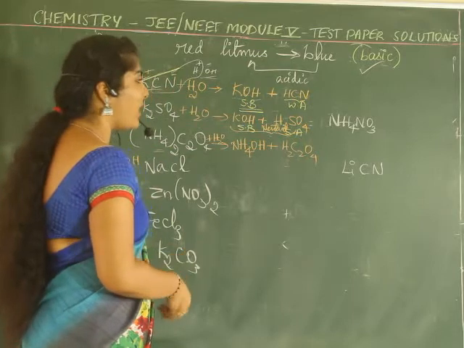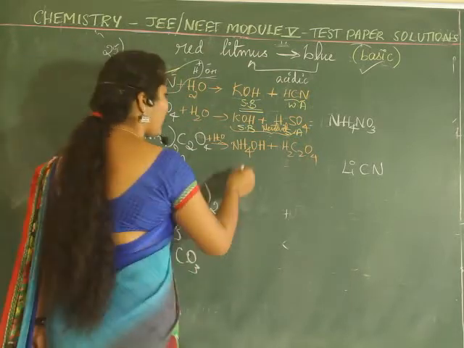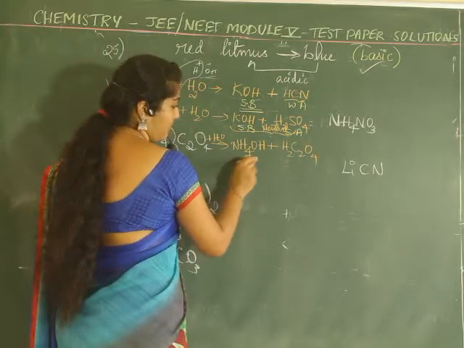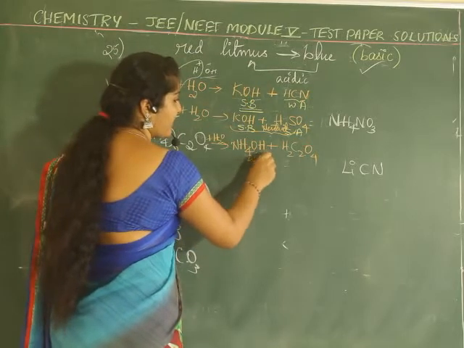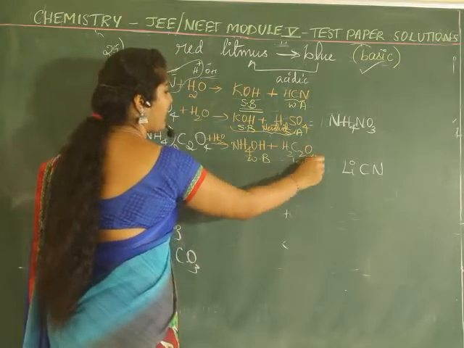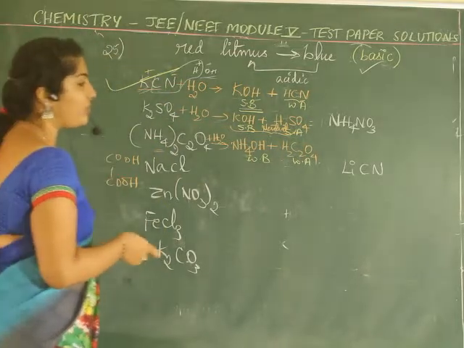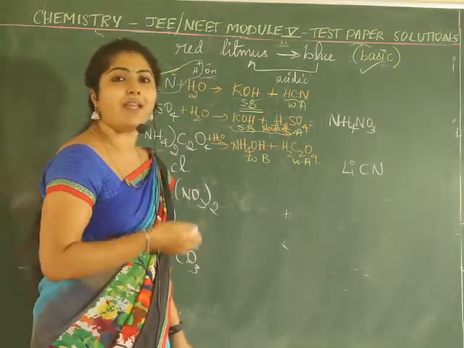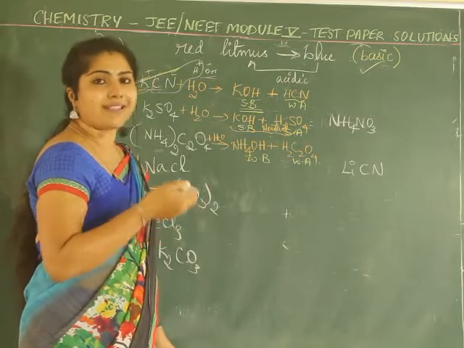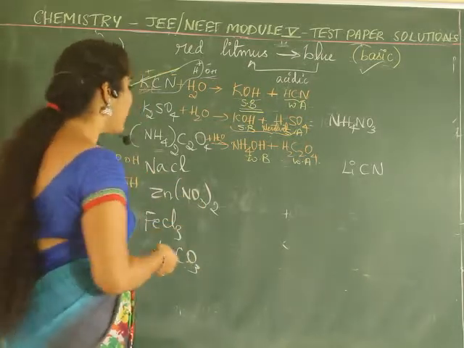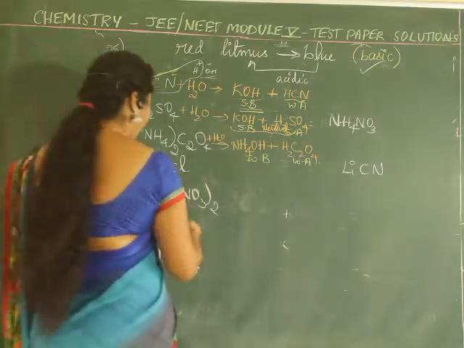Which type of solutions are these now? This is a weak base and a weak acid. So again, you cannot get a basic solution here. It can be either acidic or basic, or almost neutral. So we are not considering it.